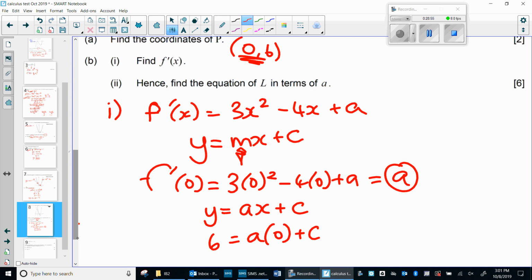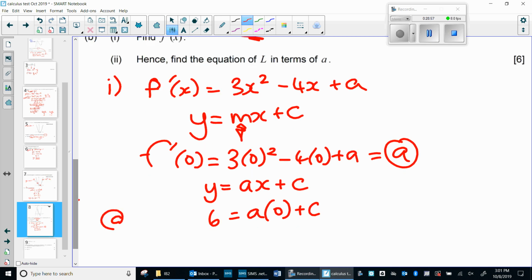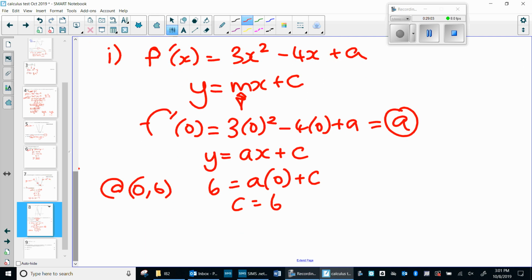So this is at the point 0, 6, so c is 6. And so the equation is y equals ax plus 6.